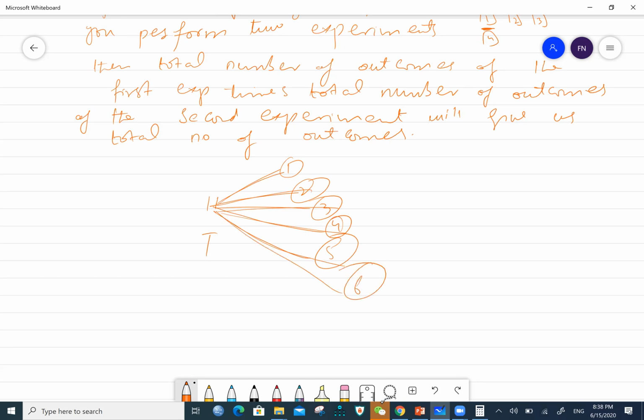Similarly, maybe you can get first tail, then you get tail 1, tail 2, tail 3, tail 4, tail 5, and tail 6. So the total number of options are 1, 2, 3, 4, 5, 6, 7, 8, 9, 10, 11, 12. So the total number of options are 12. That is why we say that when we perform two independent experiments, it is the total number of outcomes of the first experiment times the total number of outcomes of the second experiment.